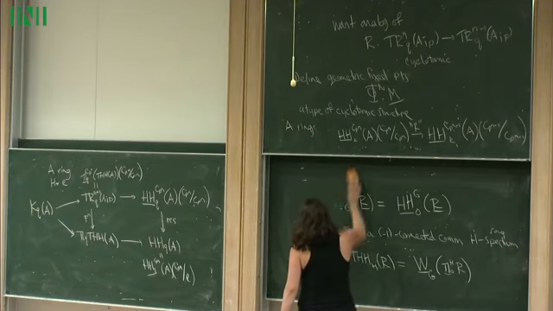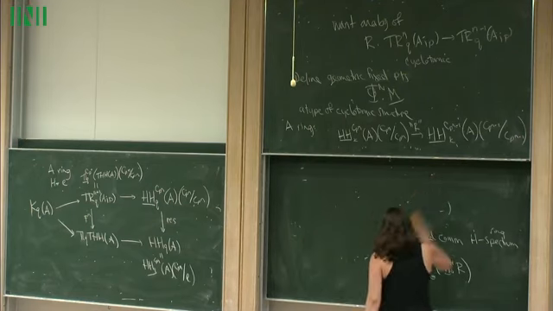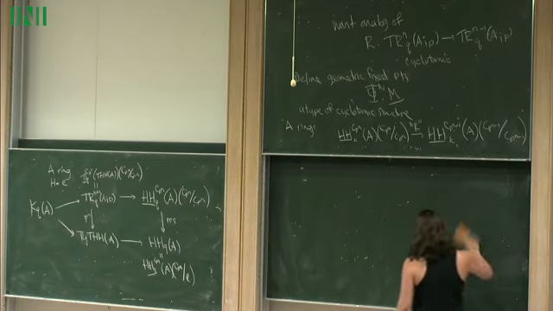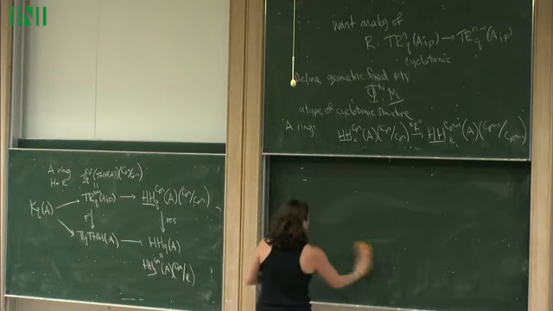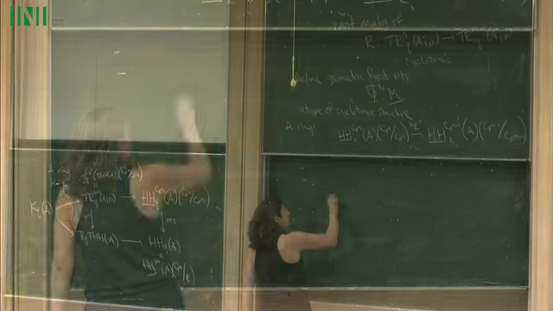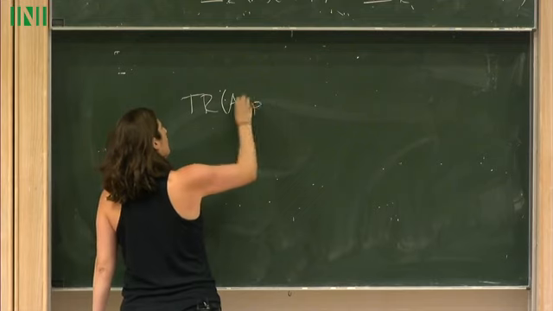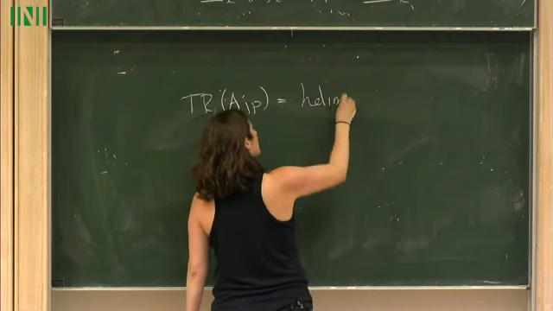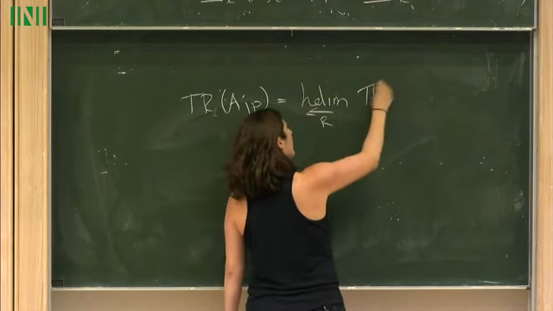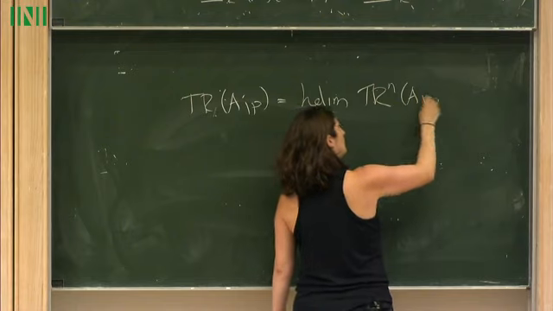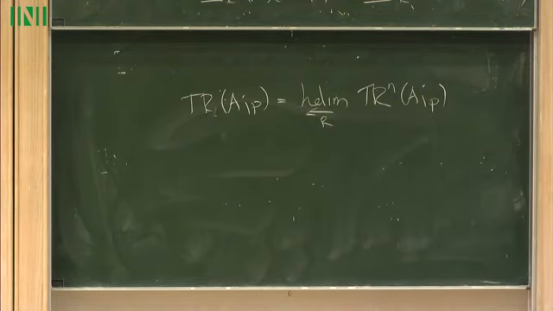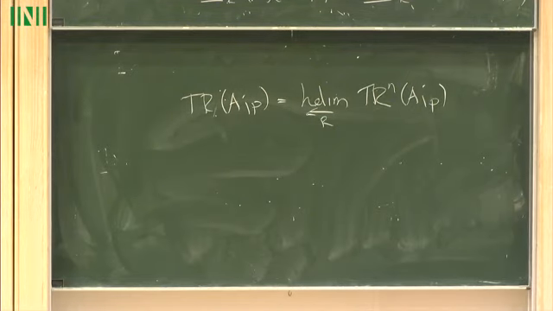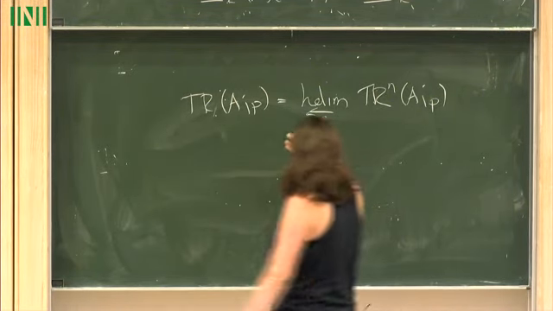So the last thing I'll say is that in classical trace methods, one thing that you look at is, we use the notation TR for the limit over the R maps of the TR^n. And that thing is computationally useful. So we could define an algebraic analog like that here.